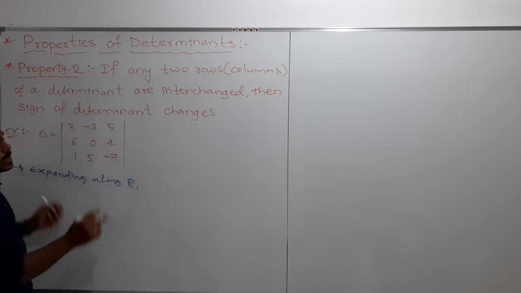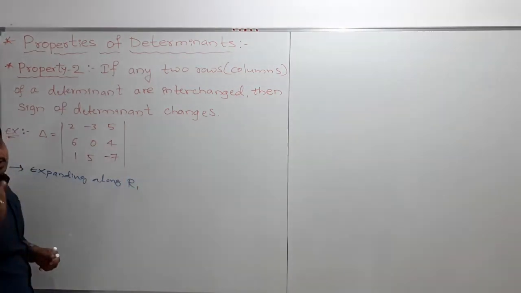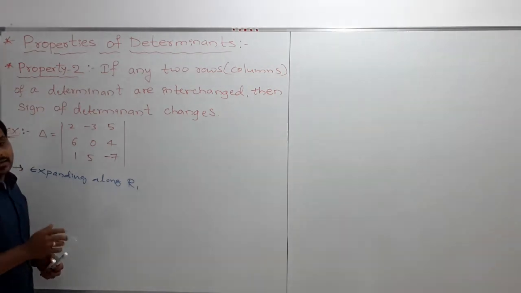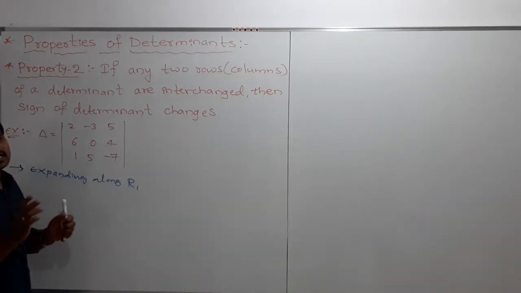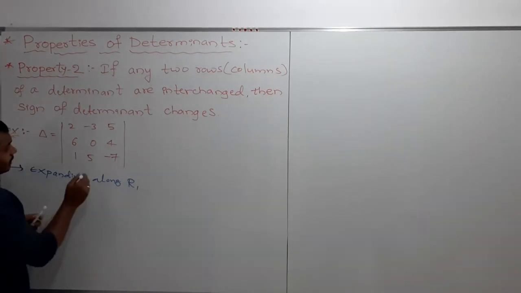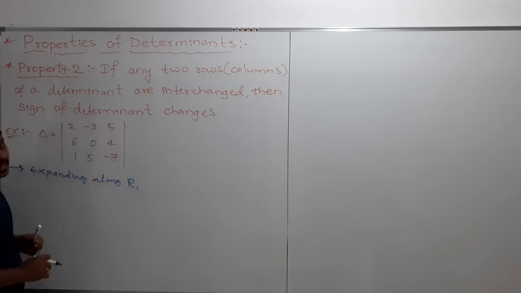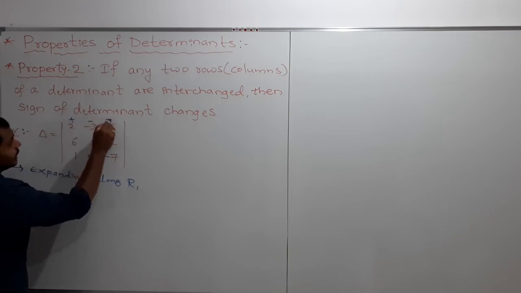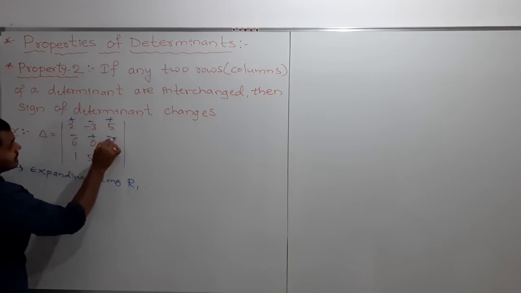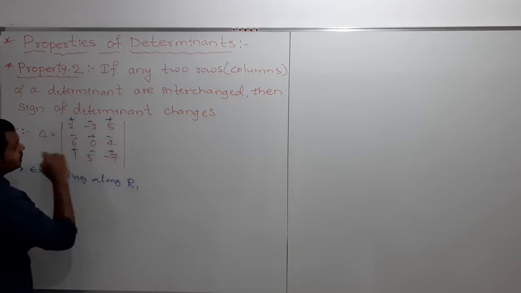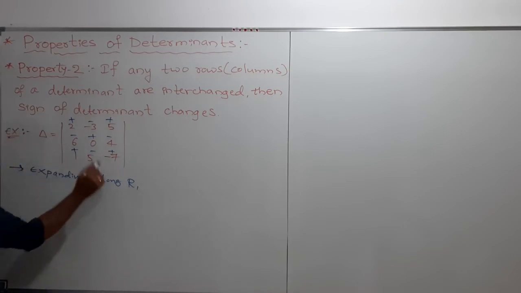Clear? Whichever is convenient for you, you can. The answer will be the same. But before writing this, what should we do? We should put the signs: positive, negative, positive, minus, plus, minus, plus, minus, plus. Clear? So now I am expanding along row 1.